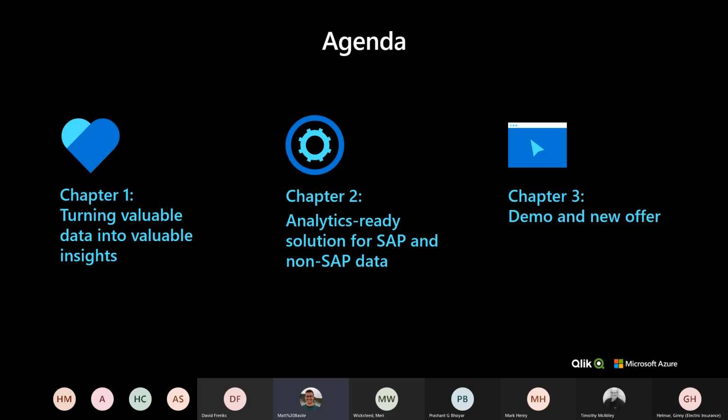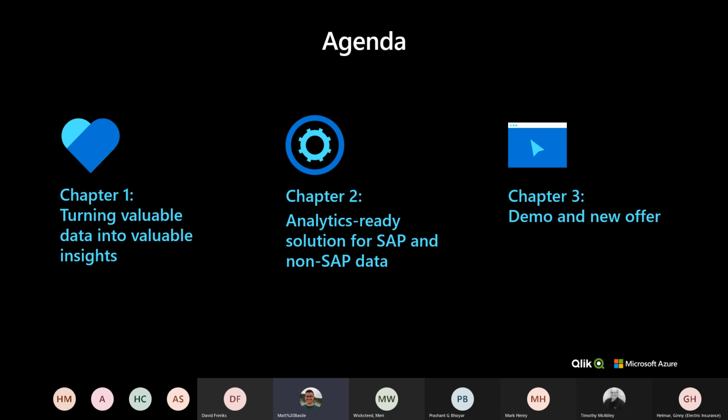So today we'll really have three different parts to this session. We'll start by talking about how you can turn valuable data into valuable insights, and also talk about some of the challenges that both David and I have seen from Qlik and Microsoft's perspective that customers face in trying to do so. Because of course, if step one was so easy, we probably wouldn't be here talking to you.